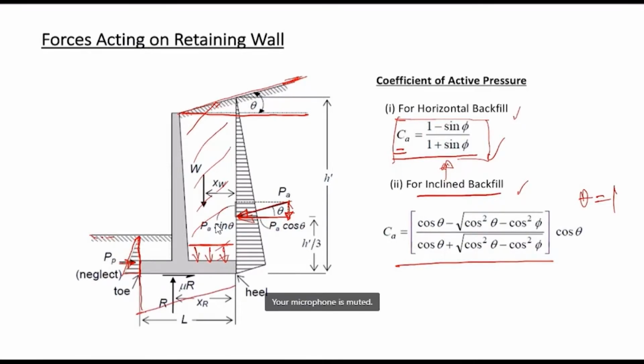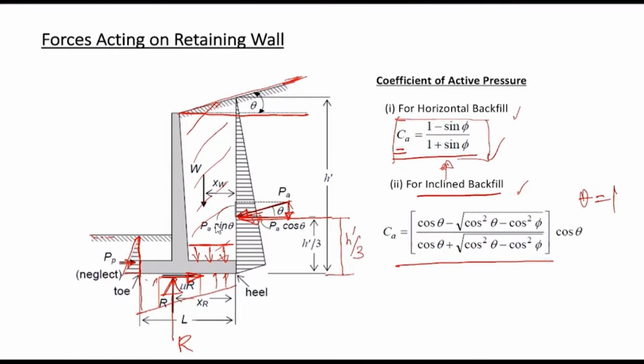This will be the soil pressure, like this. So the resultant soil pressure is R, and there will be friction between this soil and the bottom of the base, that is the bottom of the heel slab and toe slab. This pressure will act at a distance h by 3 from here.